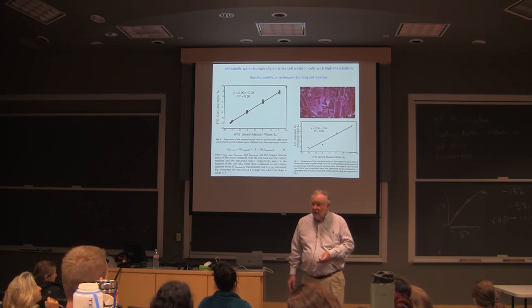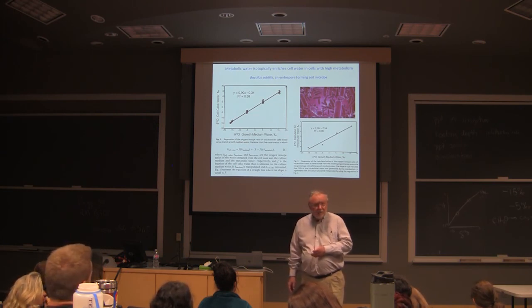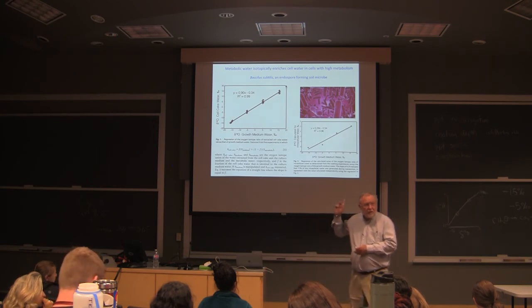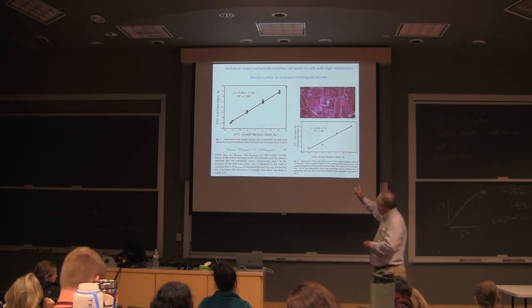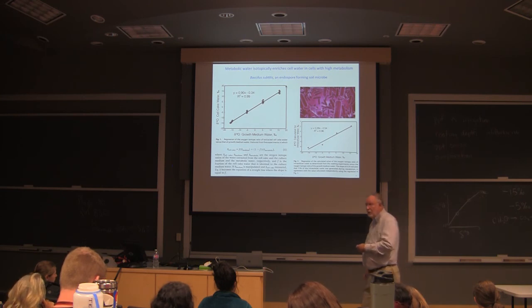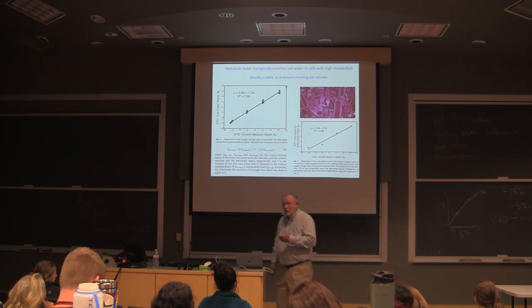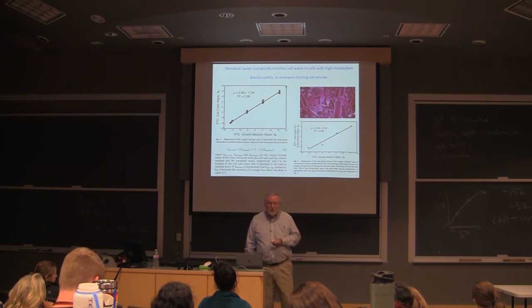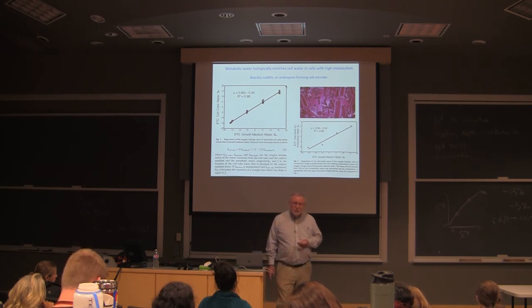What Helen showed was that it was the water metabolism. So the slope here was not a slope of 1, but the slope was about 0.9. So something was going on to suggest that the water inside these cells that were metabolically active was different.